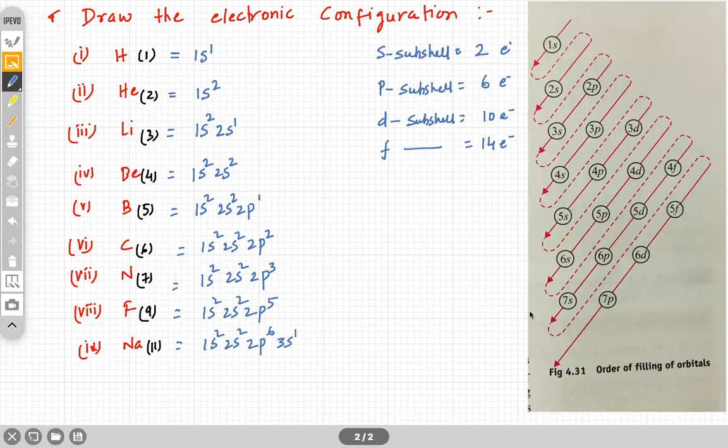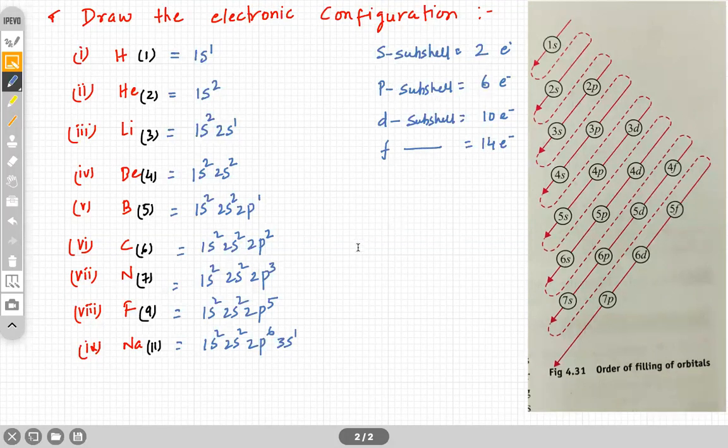Did you copy this? Did you understand this? You just have to follow this path, and whatever shells and orbitals come in the path, you have to give electrons into those shells, depending upon their capacity.